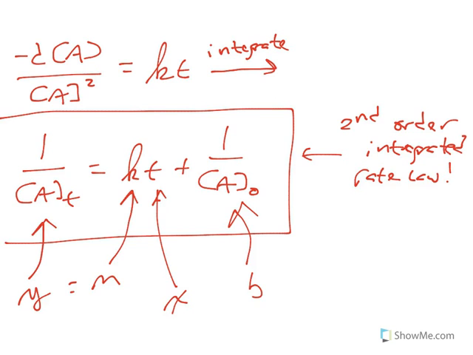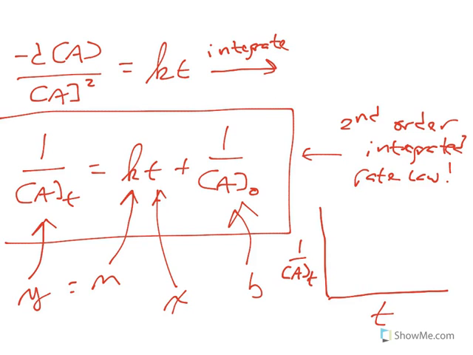So we got a linear line here. What is on the x-axis? Time again. What is on the y-axis? 1 over A_t. What is our slope? Wow, it's positive this time. Okay, so we have a positive slope. Looks good.